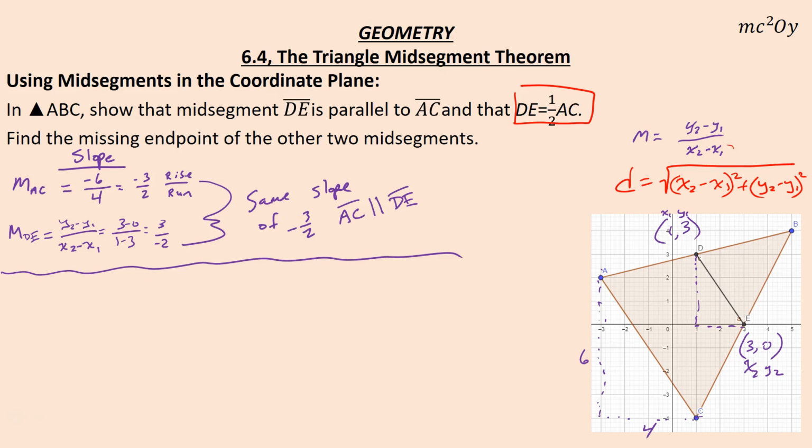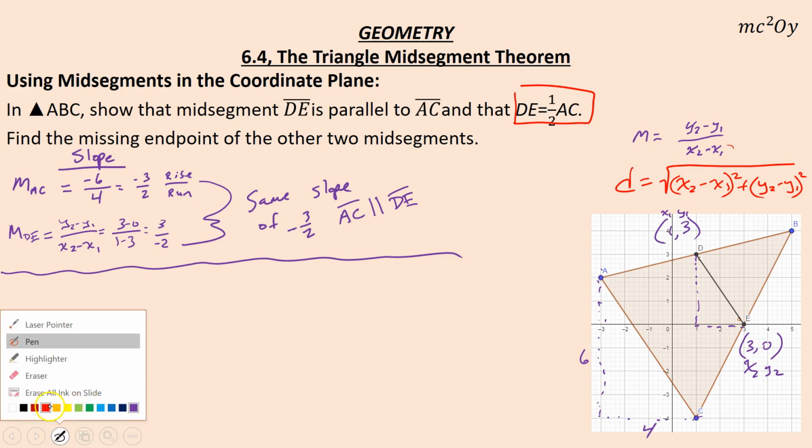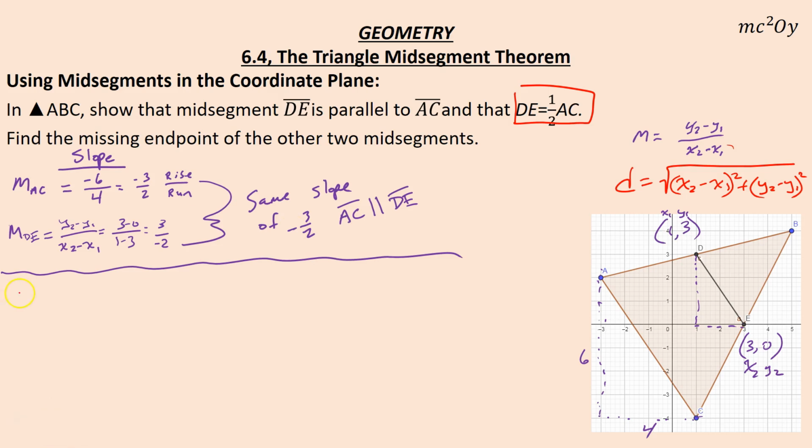Okay, so now if I were to calculate the distance of DE, I'm trying to prove that DE is half of AC. Well, if I find the distance of DE, not M, but distance, well, again, that's x2 minus x1 quantity squared plus y2 minus y1 quantity squared.